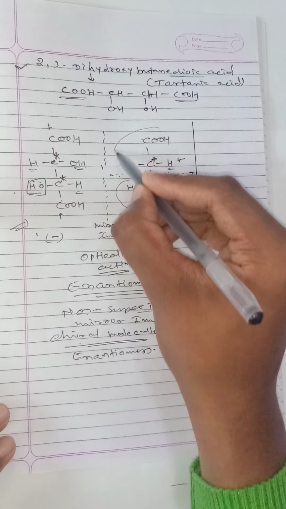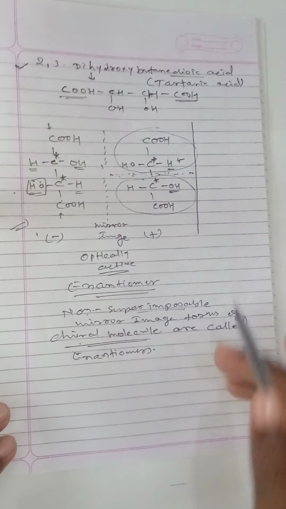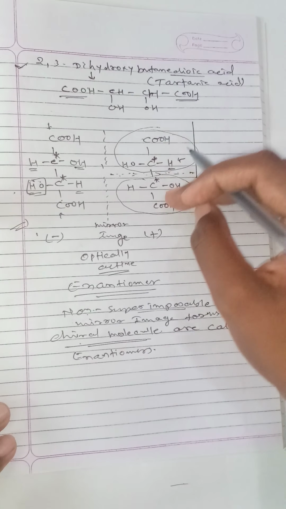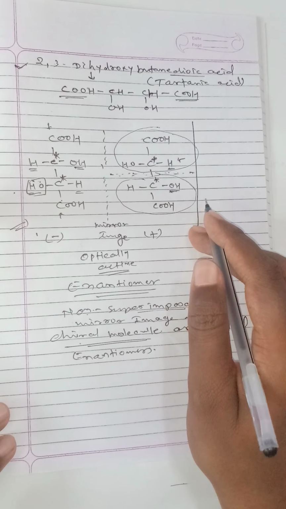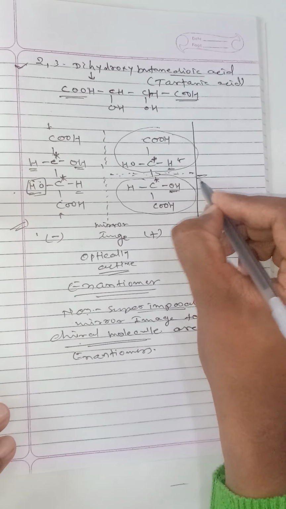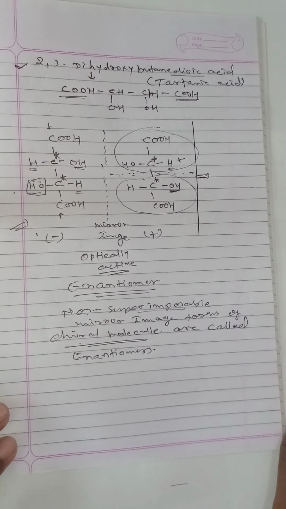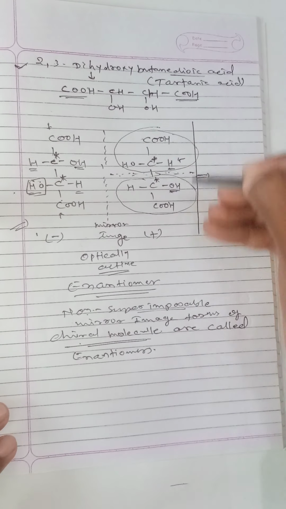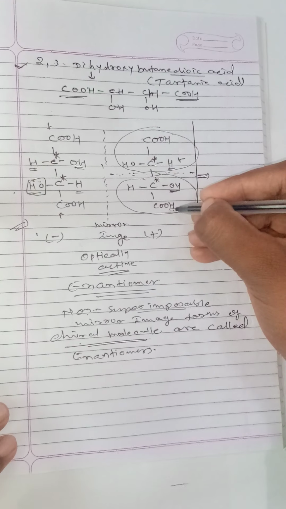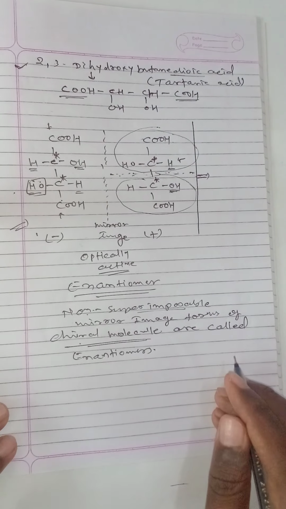They become equal. Have a check: this is the lower part and this is the upper part, so they are equal, and it is said to be a meso form. It's a meso form. It is said to be an internal mirror image.